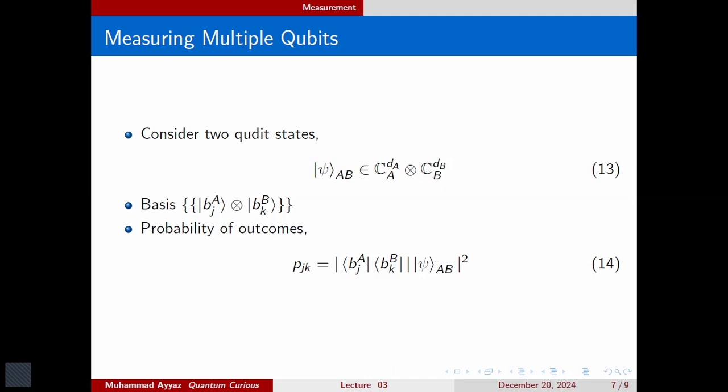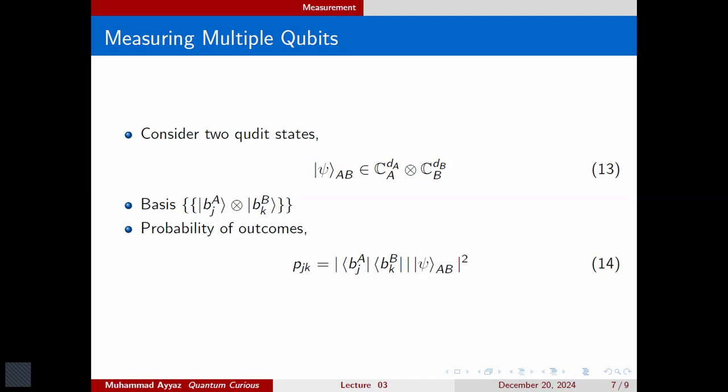First we define the basis of the measurement. We could construct the basis by taking the outer product of the basis of system A with the basis of the Hilbert space of system B, and this way we can calculate the overall basis required for the measurement of the composite system.